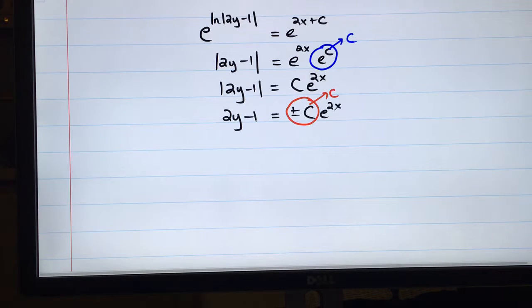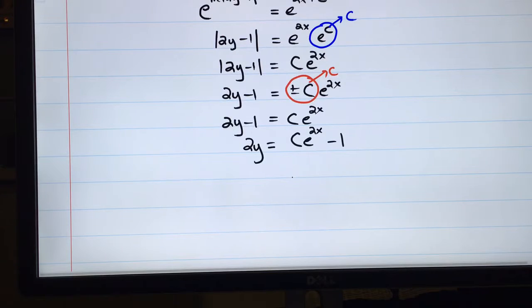So in the rewrite, I have 2y minus 1 is equal to c times e to the 2x, and isolating the y term, I have 2y is equal to c times e to the 2x minus 1. And we have, in the case of the general solution, and correction here, 2y is equal to c times e to the 2x plus 1.